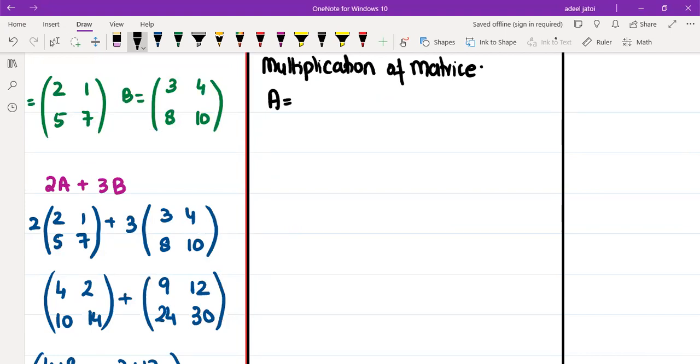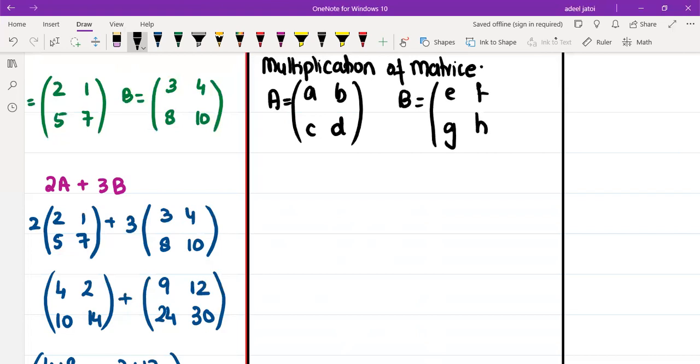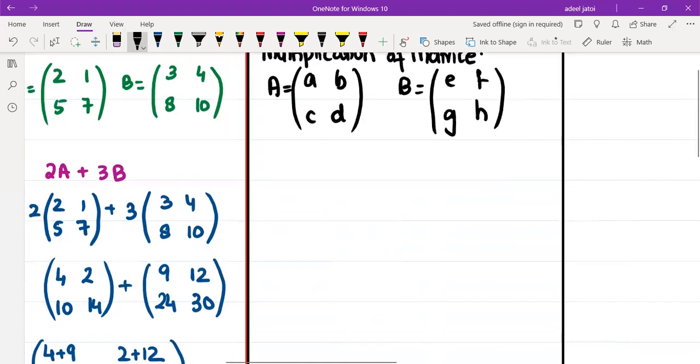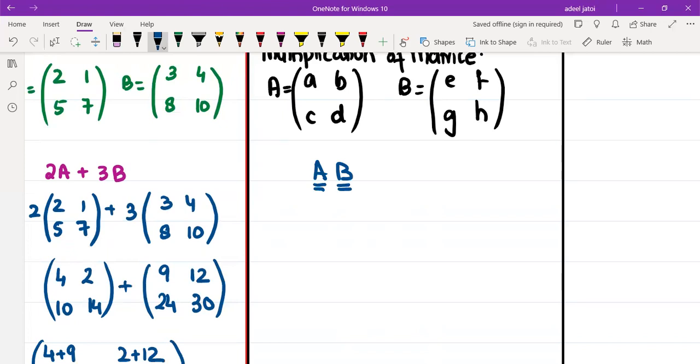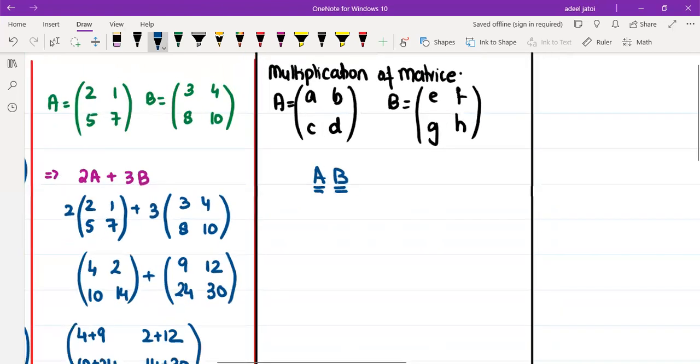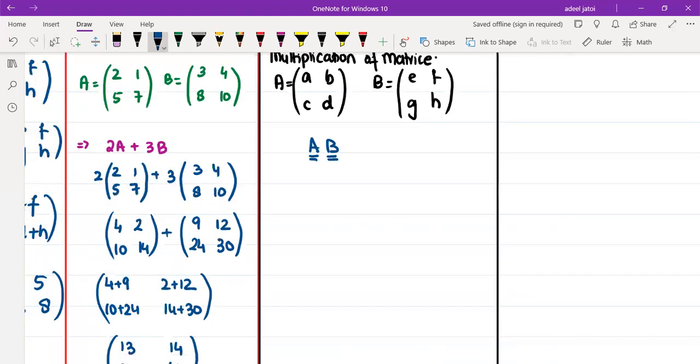Your A is equal to A, B, C, D. And let's say B is equal to E, F, G, and H. And in the question, I've been told to multiply A and B. That means the entire matrix of A is being multiplied with the entire matrix of B. So you write it down as it is: A, B, C, D, E, F, G, and H.